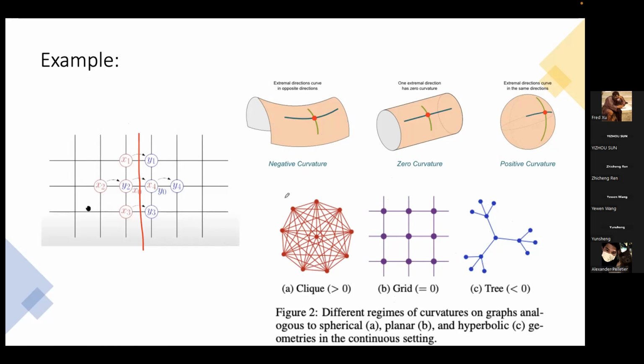And if you have a sphere, which has positive curvature, then it's a clique or a fully connected graph. I remember for those 3 examples, if we utilize curvature, I guess it's called Gaussian curvature, we're going to have the same conclusion: negative, 0, and positive.